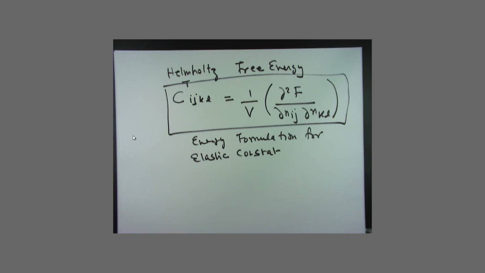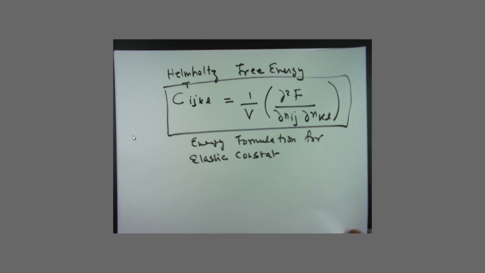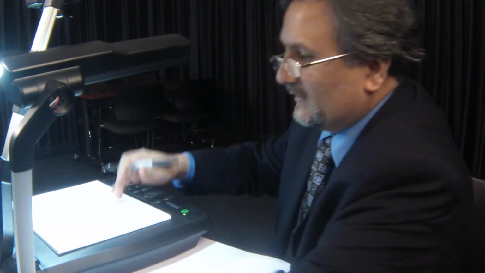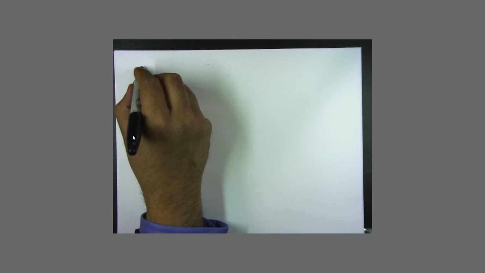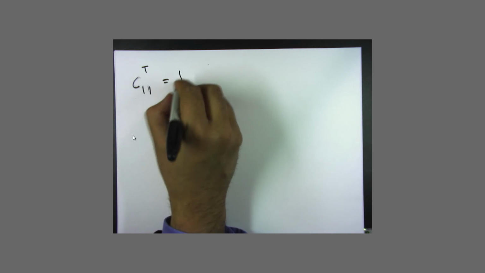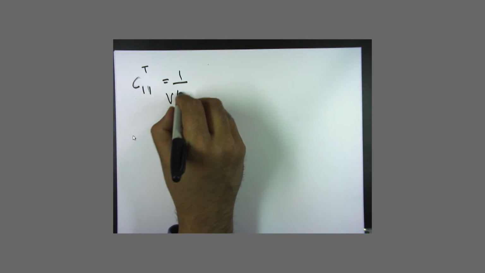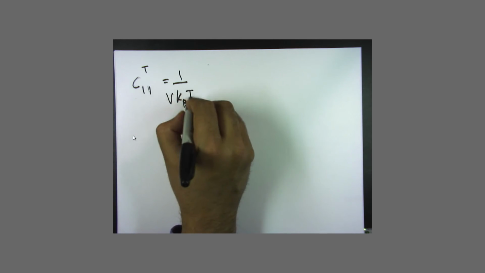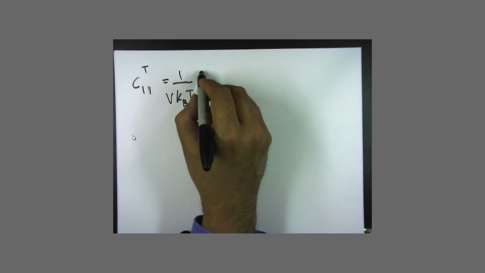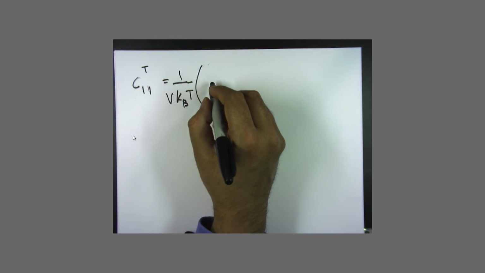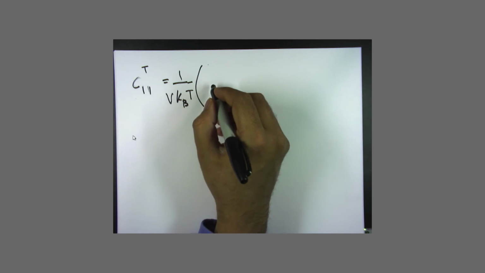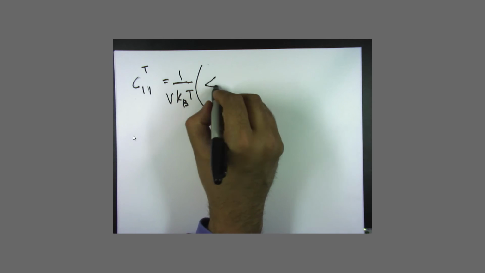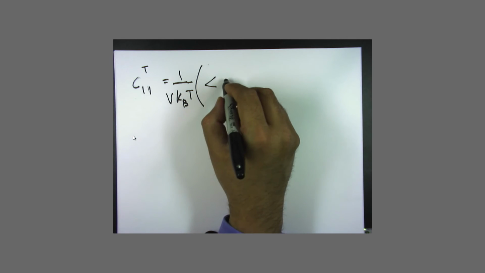Now, if you have this information available, then we are able to calculate, let us say, C11 at constant temperature T, which is equal to 1 over V k_B T, and we are now using thermodynamic functions which are averaged.